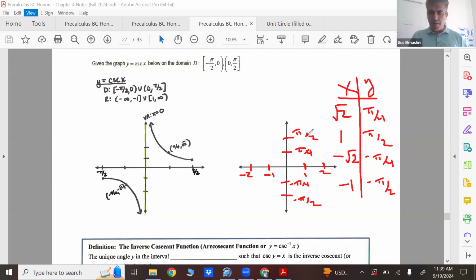So 1 comma pi/2. √2 is roughly what as a decimal, would you guys say? Yeah, 1.414. Good. I like that.